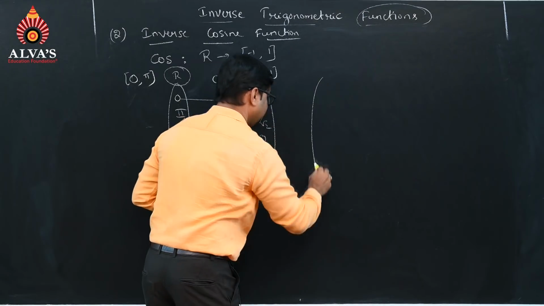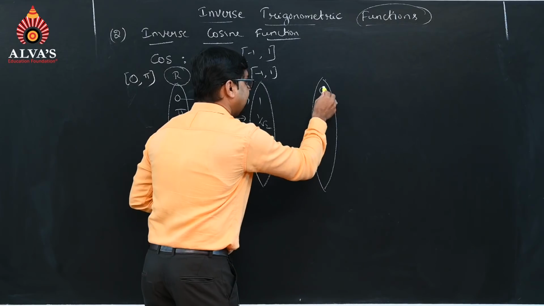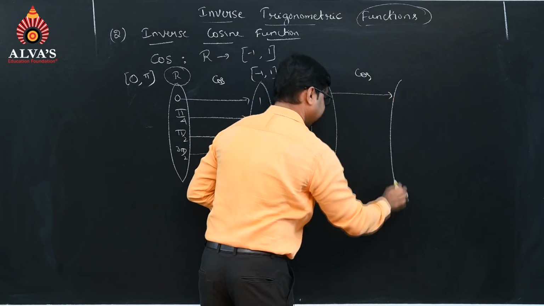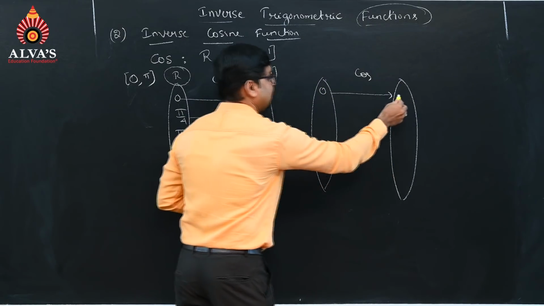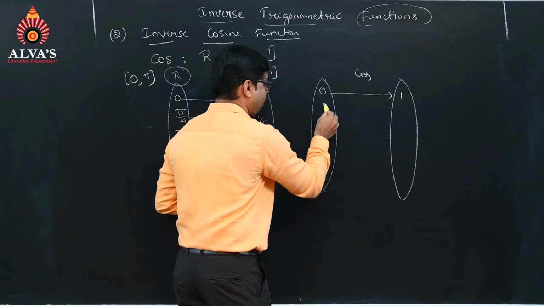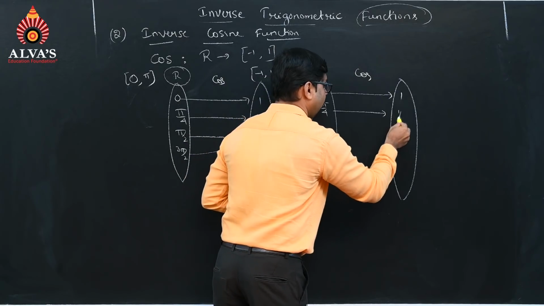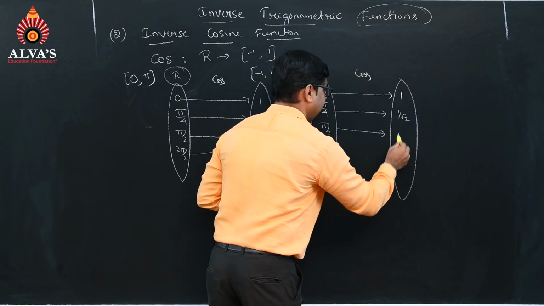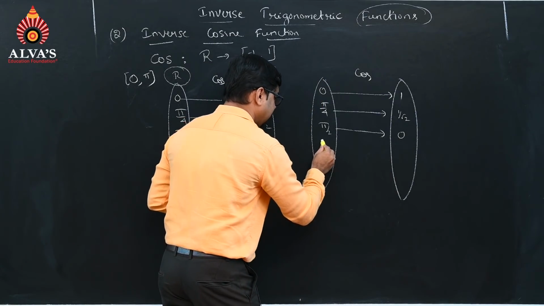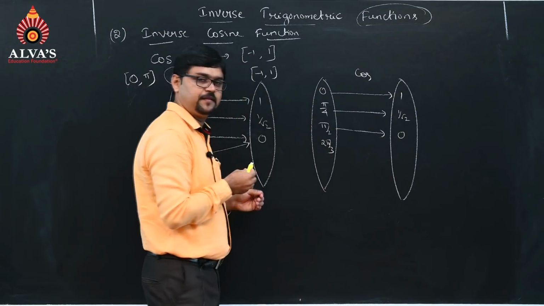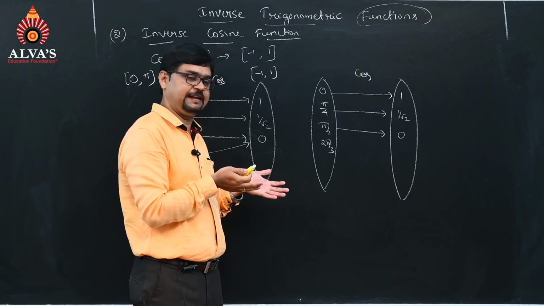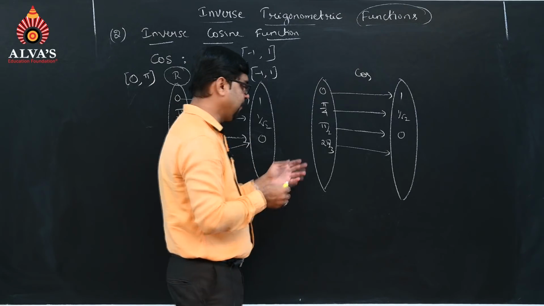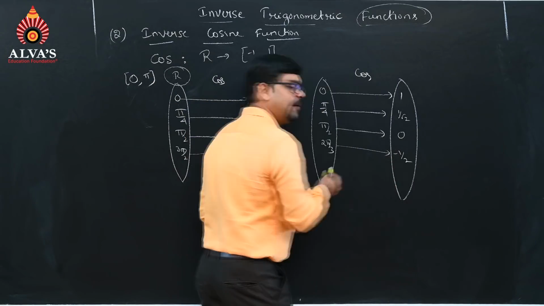If you check now the angles from 0 to pi, cos 0 is 1, cos pi by 4 is 1 by root 2, cos 90 will be 0, cos 2 pi by 3, that means an obtuse angle, it comes under the second quadrant, all the values of cos function become negative and it is minus 1 by 2.